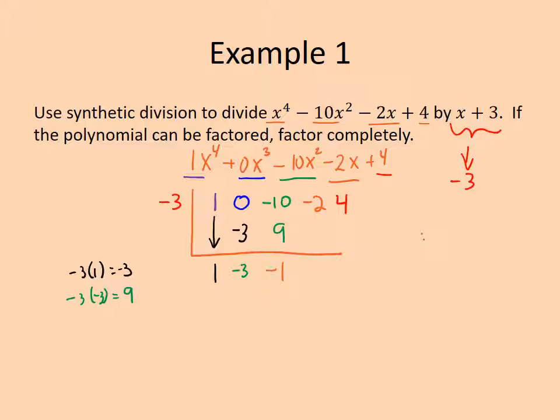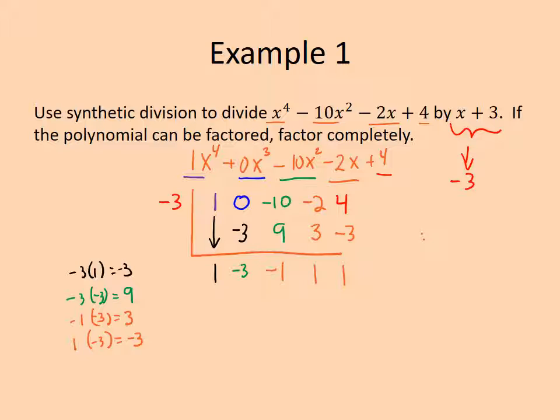Now I take negative 1 and I multiply it by negative 3. That's 3. 3 goes under the negative 2. Negative 2 plus 3 is 1. Now I take this 1 and I multiply it by negative 3, which is also negative 3. Negative 3 plus 4 is positive 1.